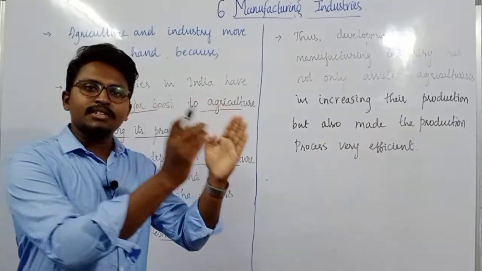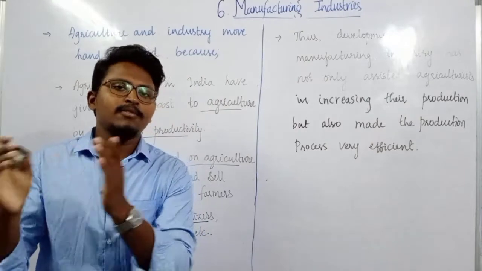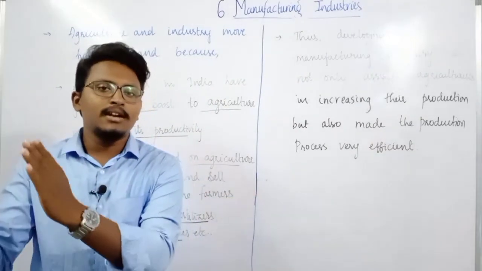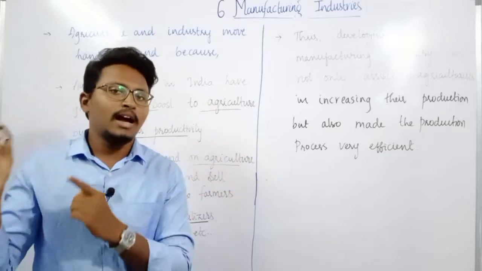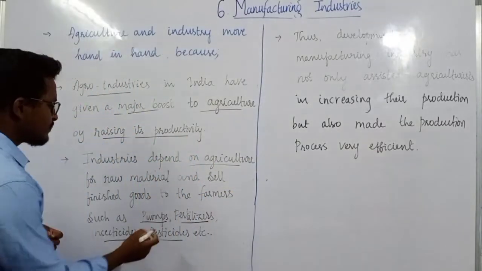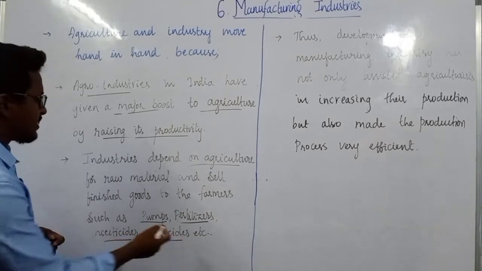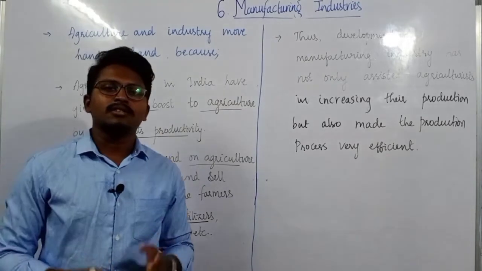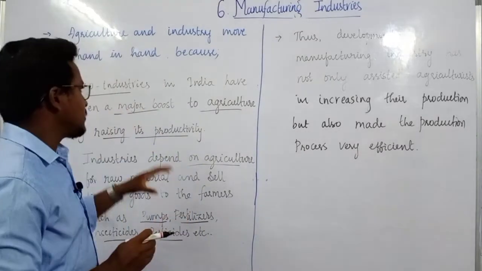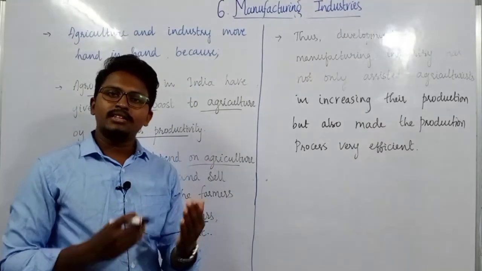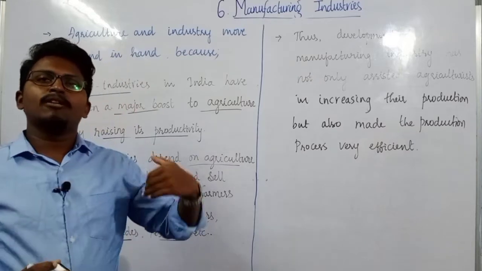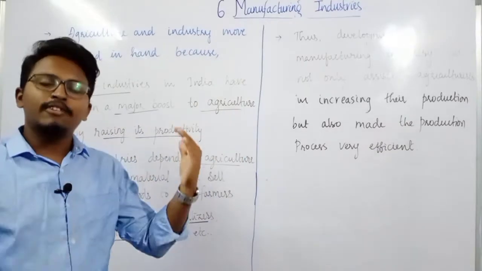So industries depend on agriculture for raw material, and agriculture depends upon industries for tools or machinery. What are those tools? Pumps, fertilizers, insecticides, pesticides, etc. So agriculture and industry go hand in hand. If there is development in industry, there will be development in agriculture, and vice versa.